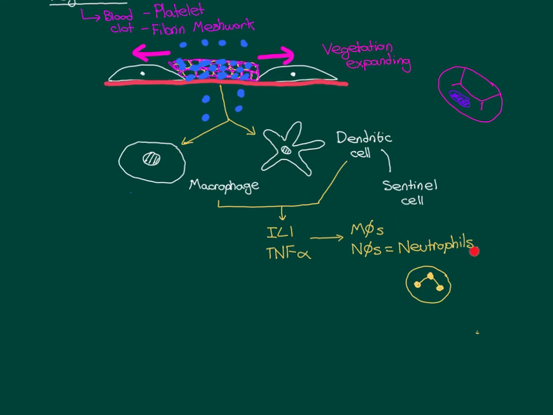Remember, these cells use horrible tactics to clear these things. They'll be releasing all sorts of foul molecules, like the reactive oxygen species that we talked about when we were discussing calcification. So you'll be getting massive tissue damage here. And the vegetation will just keep expanding. So it can expand all the way over here. It will expand and expand and expand, getting bigger and bigger.